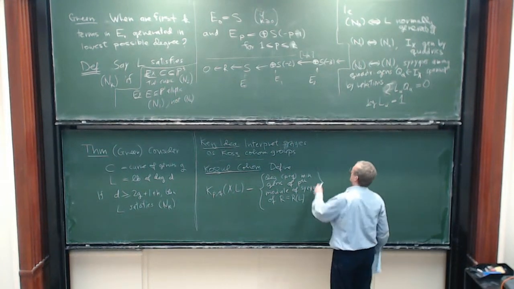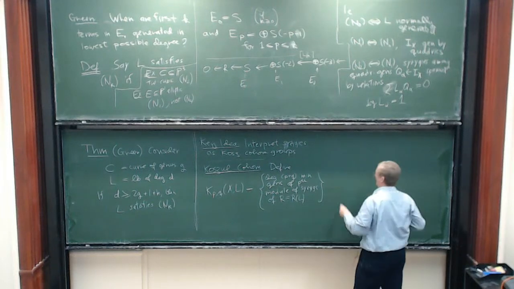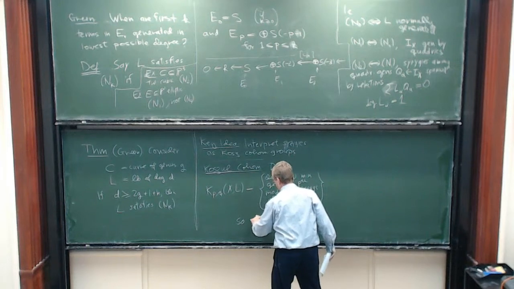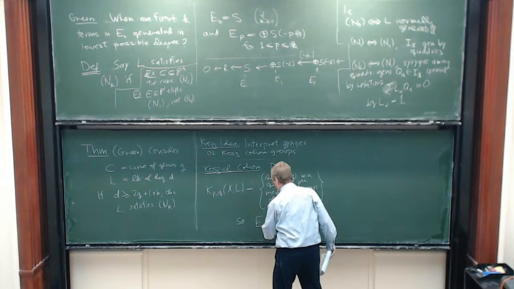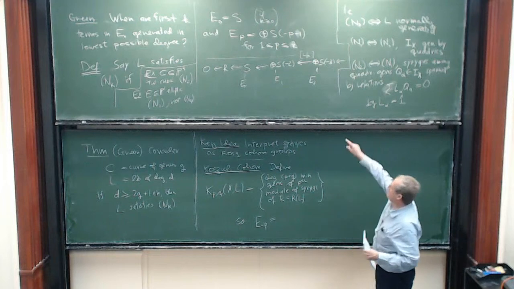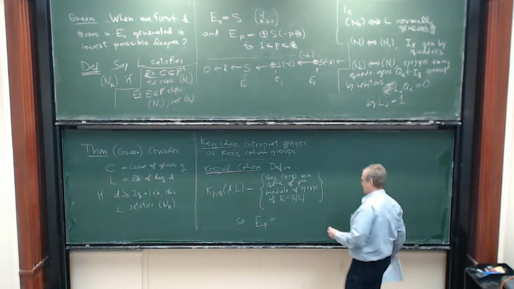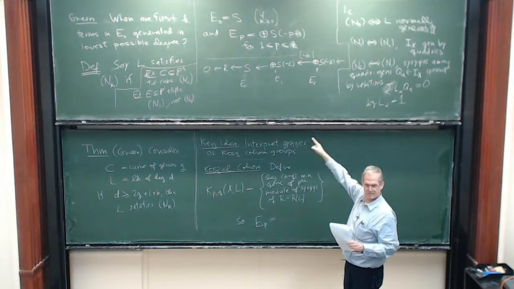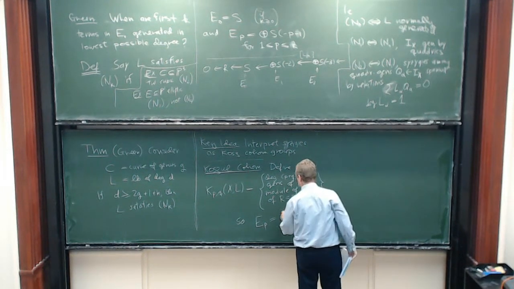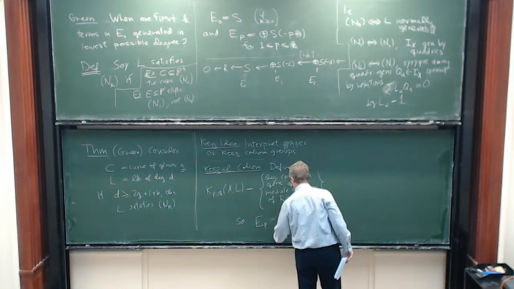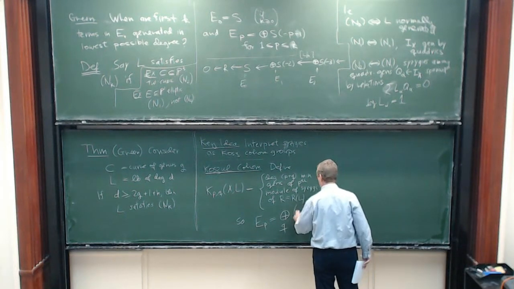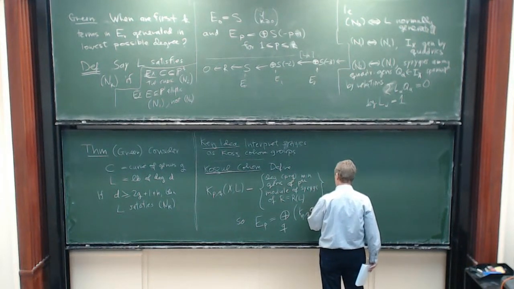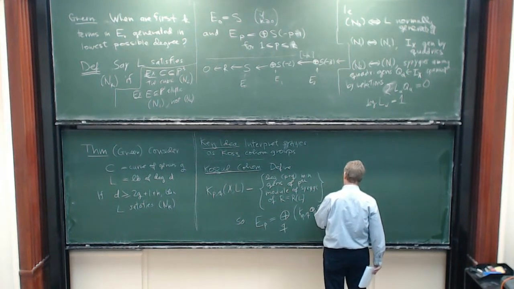So what we're really saying is that the Pth module of syzygies, the E_P, the Pth term in this resolution, is a sum. The index P is telling us how far back we are from the front of the resolution, and the Q term is telling us something about the degree. So we're taking the sum over all Q of K_{P,Q}, which is a finite dimensional vector space, times S(-P-Q).